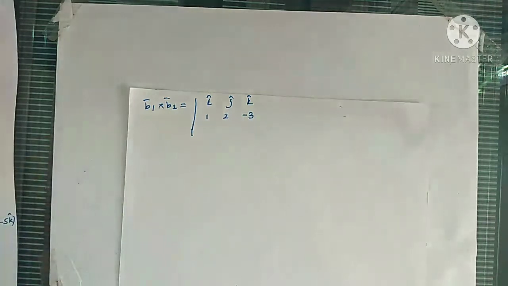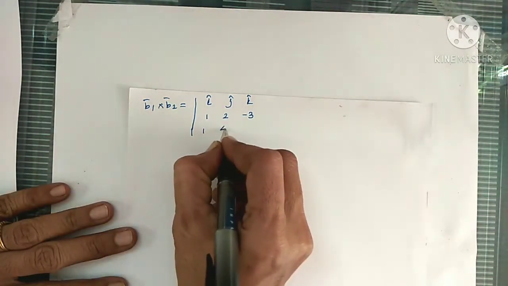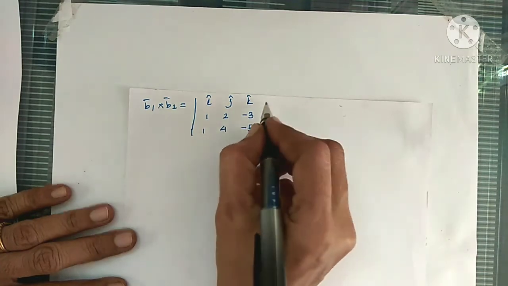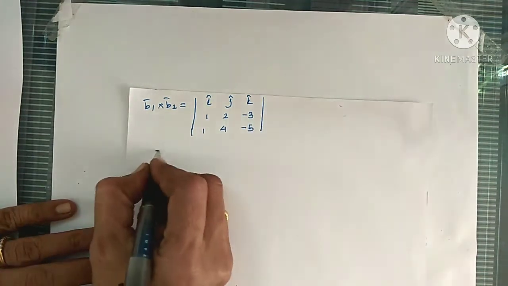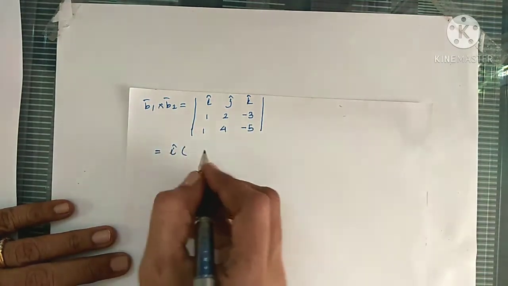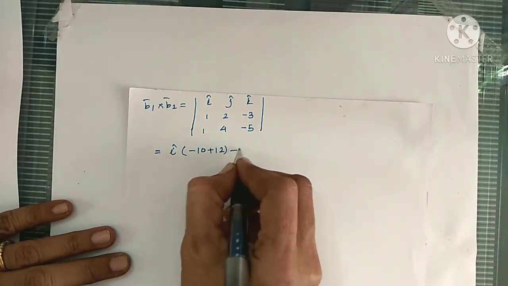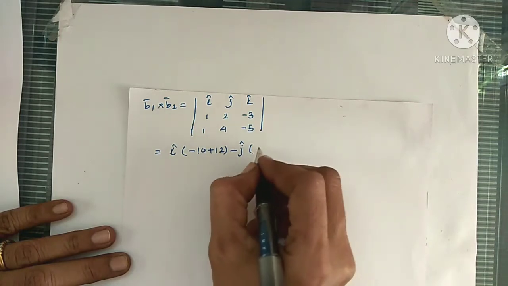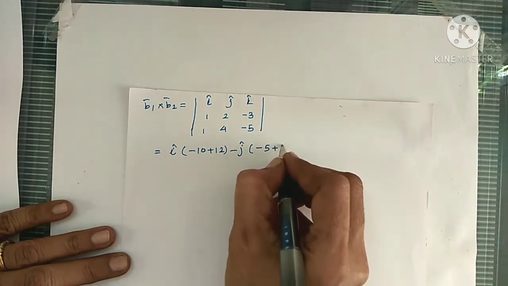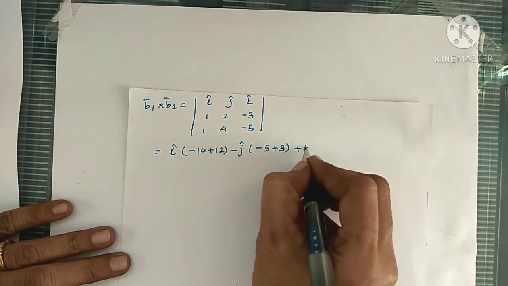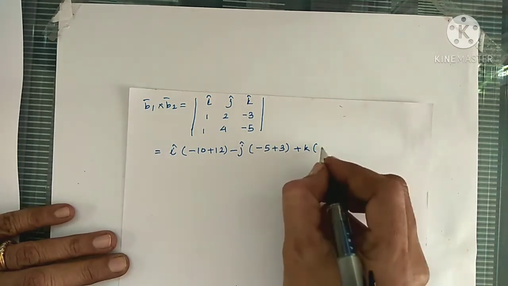And coefficients of i, j, k from B2 bar: 1, 4, minus 5. So let's expand this determinant. So it is i cap (minus 10 minus minus 12), minus j (minus 5 plus 3), plus k (4 minus 2).